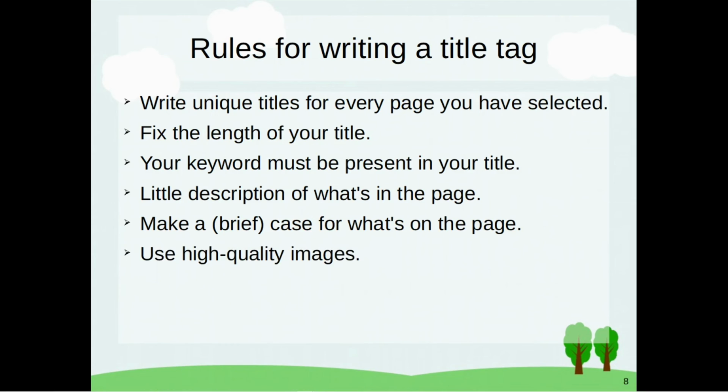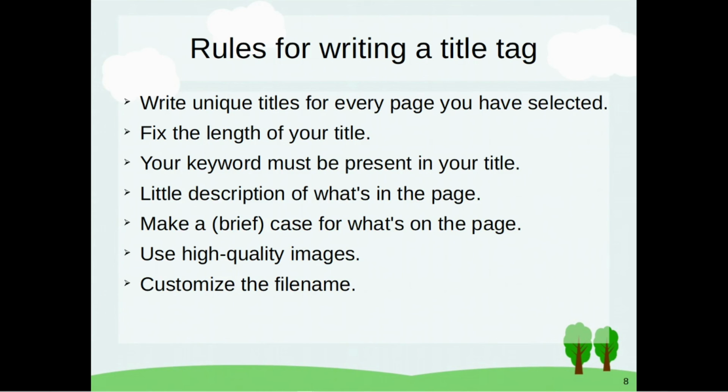Next, use high quality images. Images in SEO are very important. We will see it further. We'll discuss what quality images are and what pixels or sizes I will give you. The next thing is customizing the file name.